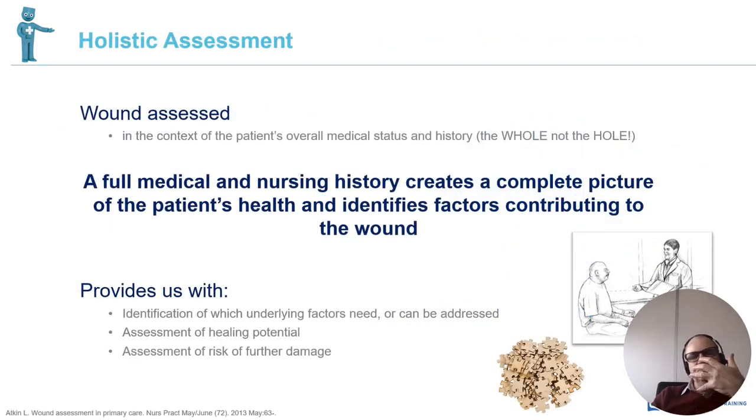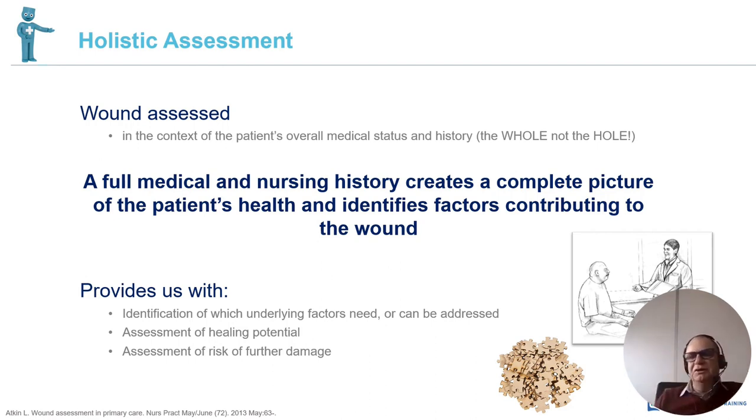So, again, I know I'm being quite repetitive, but it's always very, very important to remember. It's important to look at the hole in the patient's leg, but it's very important to look at the whole patient. Once you start taking in all the assessment, then you start putting the pieces of the puzzle together. You get the whole picture.